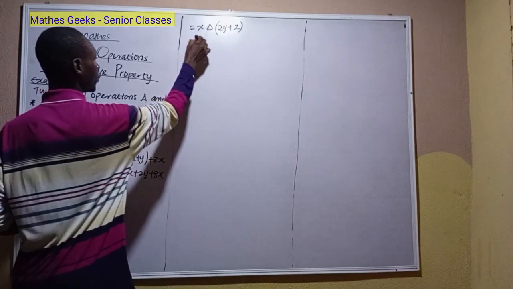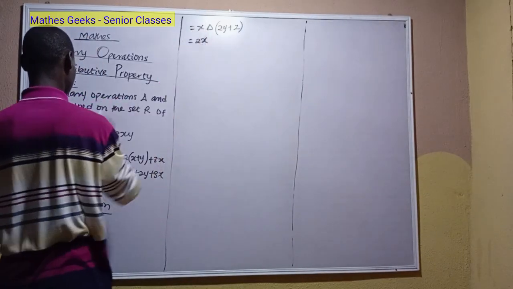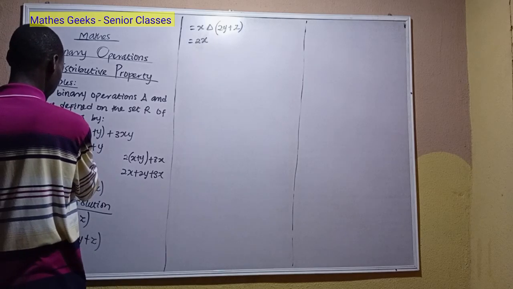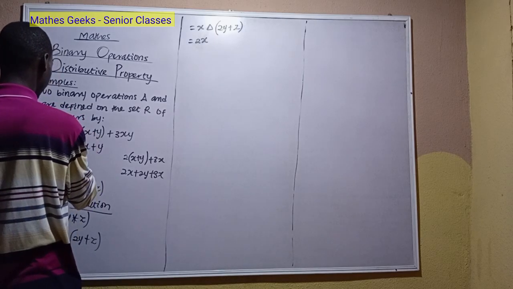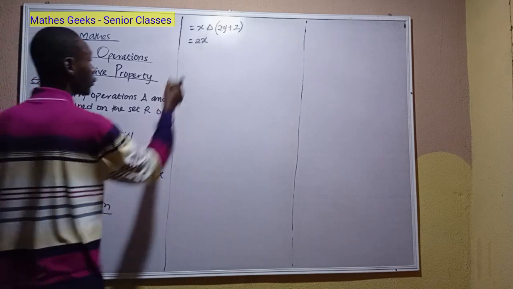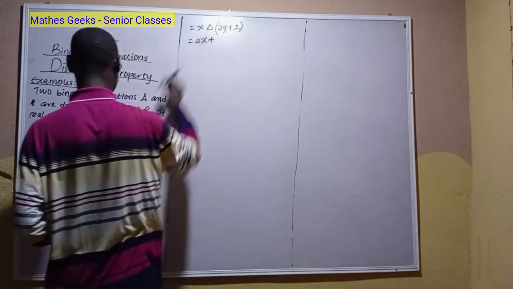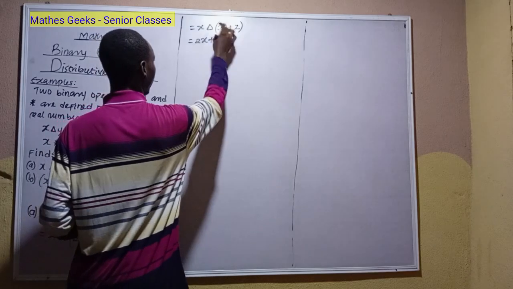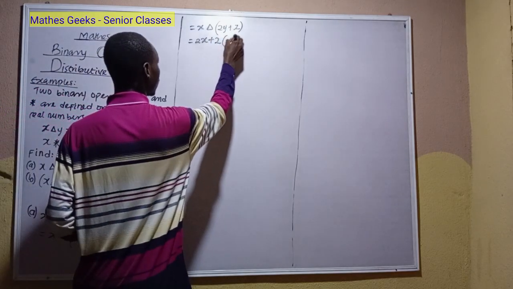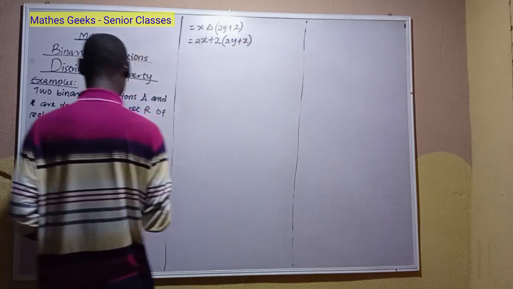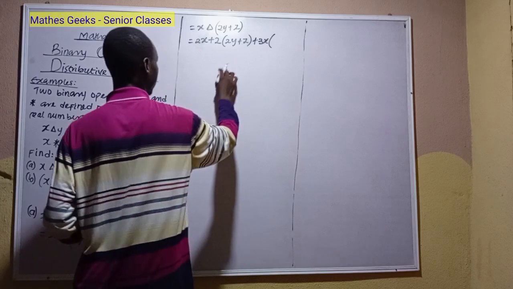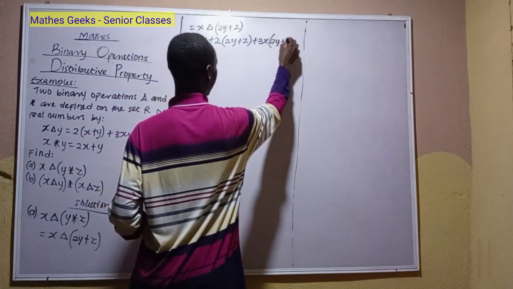So that will give us 2x, where x is whatever x stands for here, and anywhere you see y here, we put this part. So 2x plus 2y, and our y is y operation z, which is 2y plus z, and then plus 3x times 2y plus z.